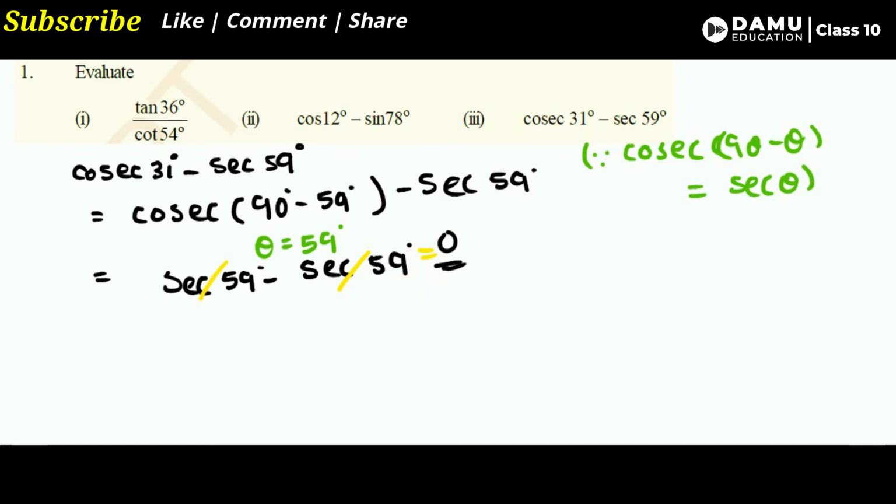Let's take another method. What is that? Let's write cosecant 31 degrees minus secant 59, which you can write as secant of 90 minus 31 degrees.